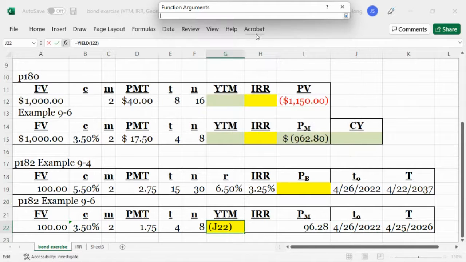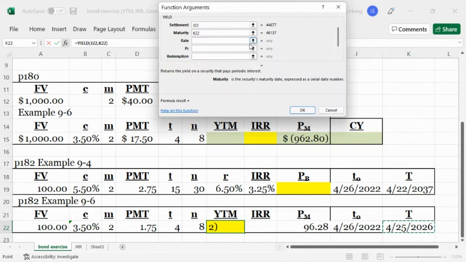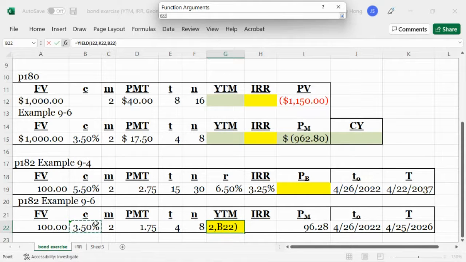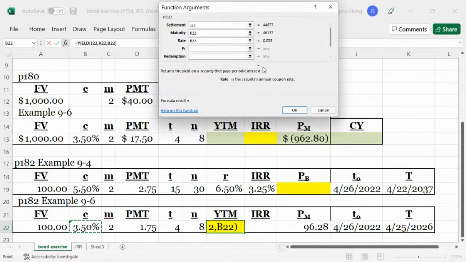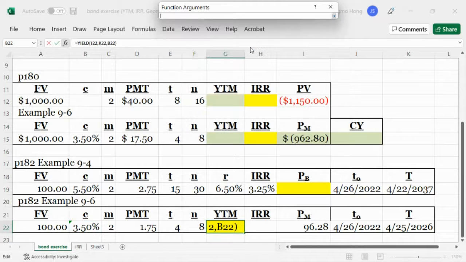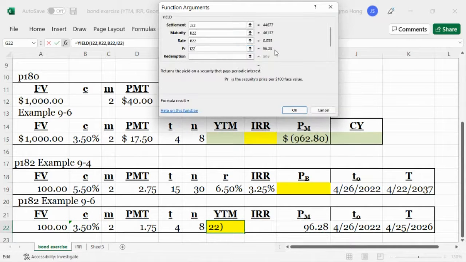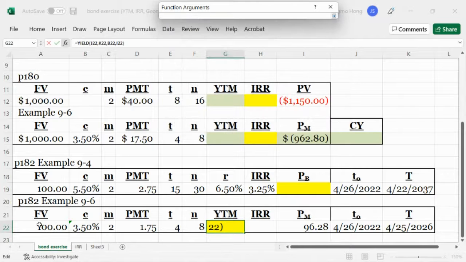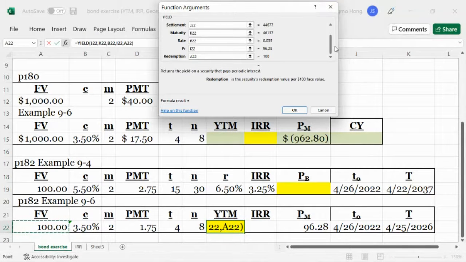Settlement date. And maturity date, this is the maturity. Rate means coupon rate, that means price. Redemption value, of course, this is the redemption value. Again, everything is expressed as percentage, I mean, the dollar values are all expressed as percentage of par value.